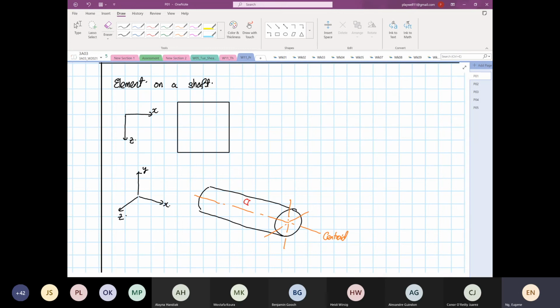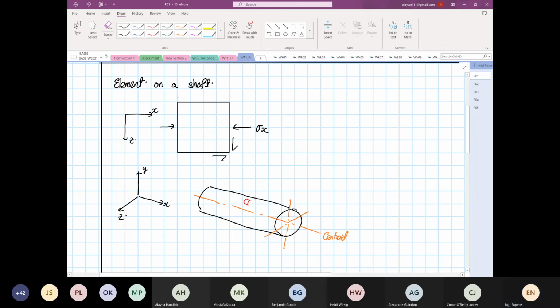On the shaft, we are going to see stresses. This is just an example. You can have either compressive or tensile stresses in the x direction, and all shafts undergo torsion. What we get from torsion is shear.